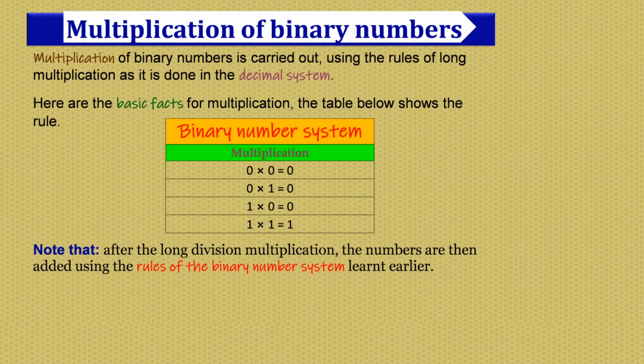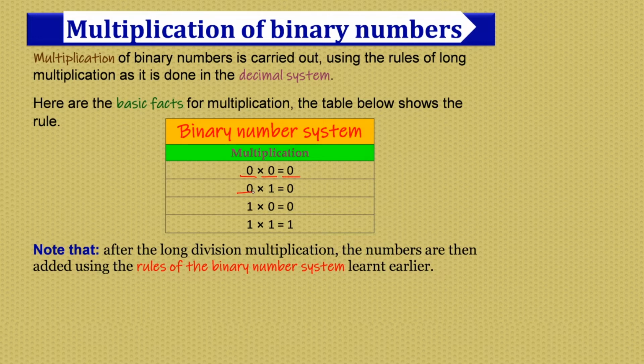Multiplication of binary numbers is carried out using the rules of long multiplication as it is done in the decimal system. But to do this, we must pay attention to some basic facts. These basic facts are like guidelines that help in multiplying numbers in the base 2 system. First, 0 multiplied by 0 is 0, in base 2.